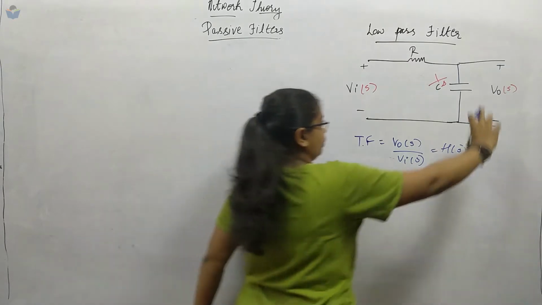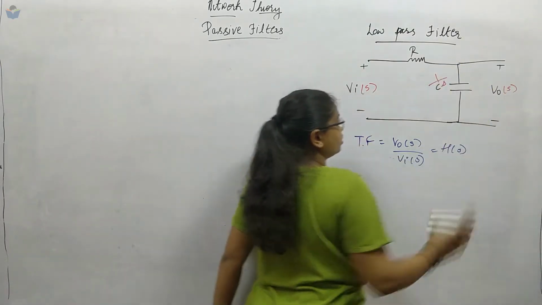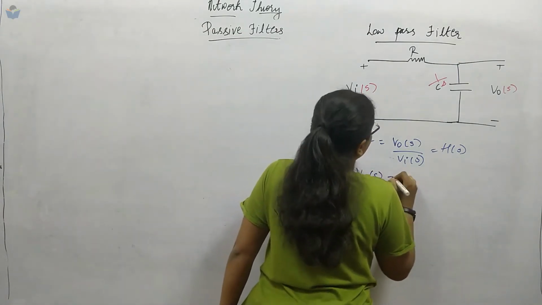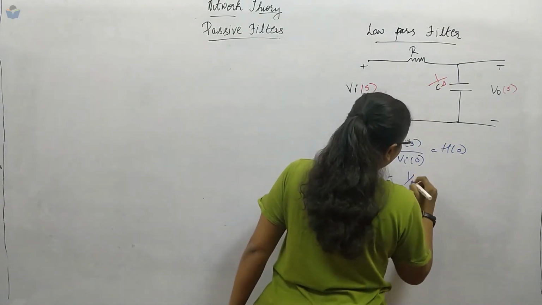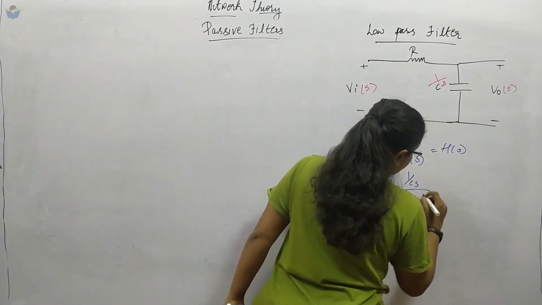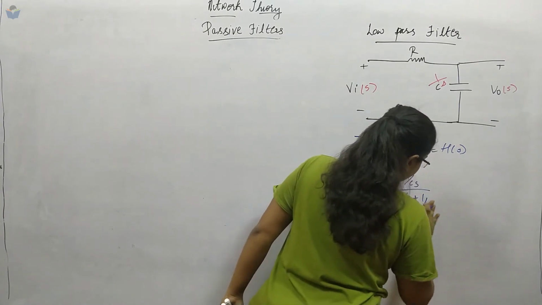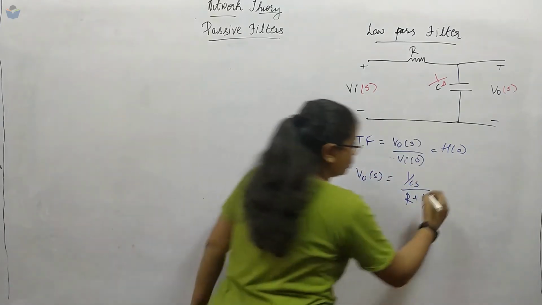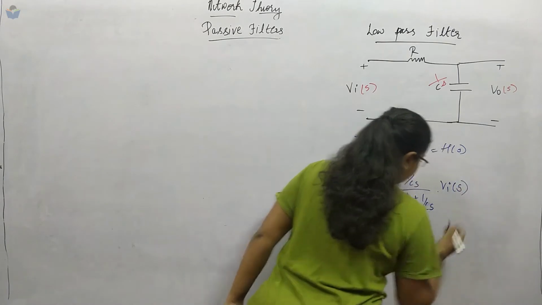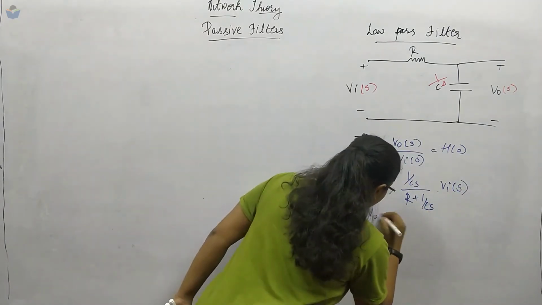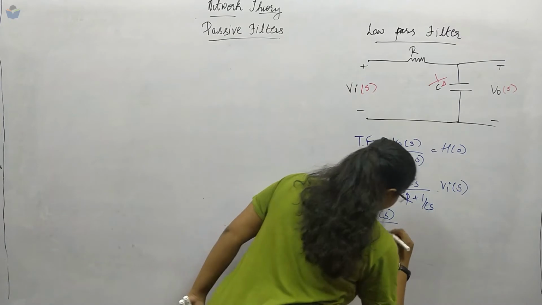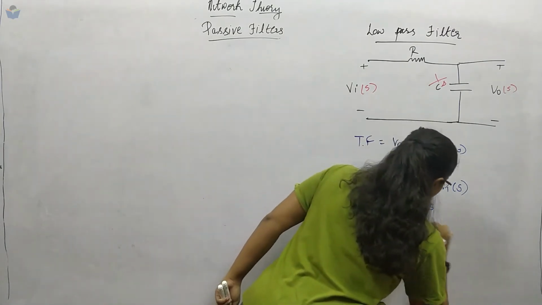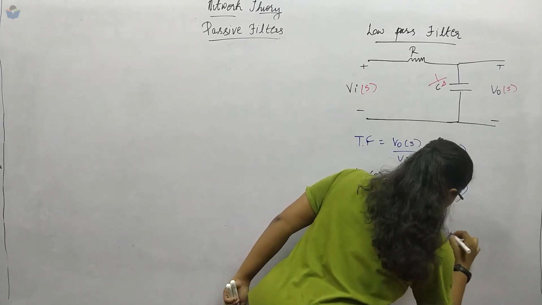If we have to take the output voltage across this capacitor, then we apply the voltage division rule. So V0 of S will be equal to (1 by Cs) divided by (R plus 1 by Cs), into Vi of S. Now if I rearrange this, V0 of S divided by Vi of S, which is H of S, will be equal to 1 upon 1 plus RCs.